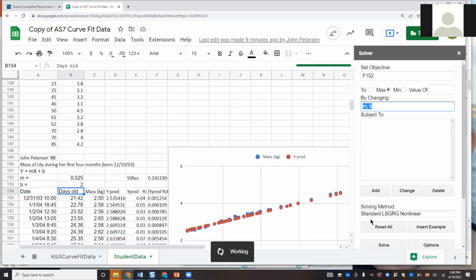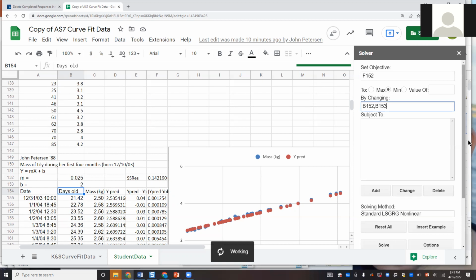So what you want to change is B152, comma, B153. And we're not going to subject it to anything else. It's going to mess with those values to make that value as small as it can be.